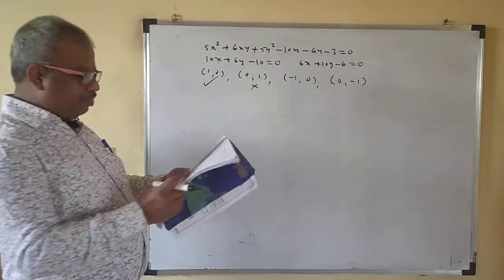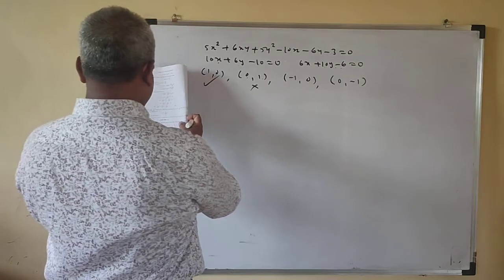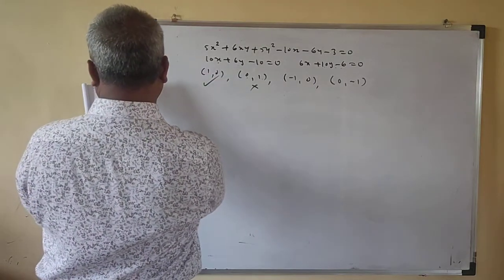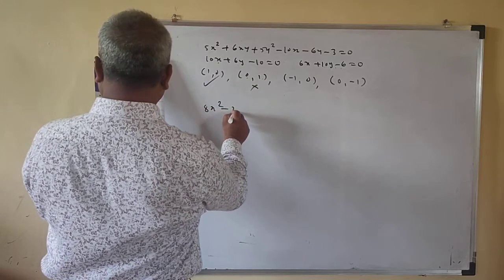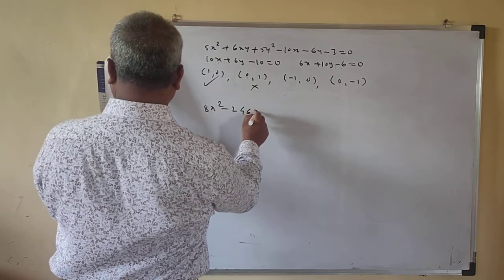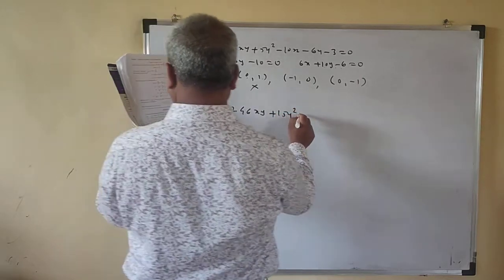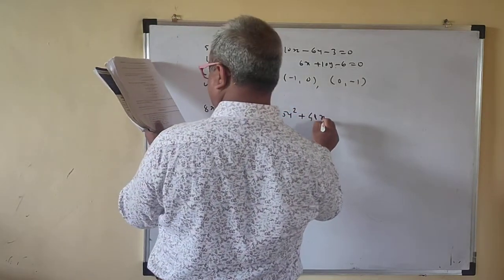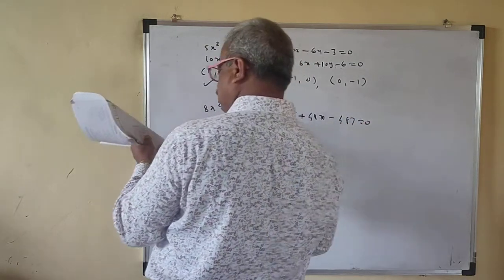We'll do one more problem. Suppose this is 8x square minus 246xy plus 15y square plus 48x minus 487 equal to 0.